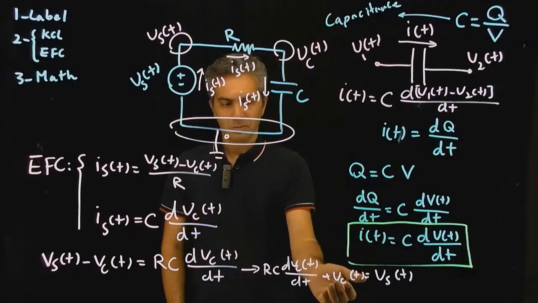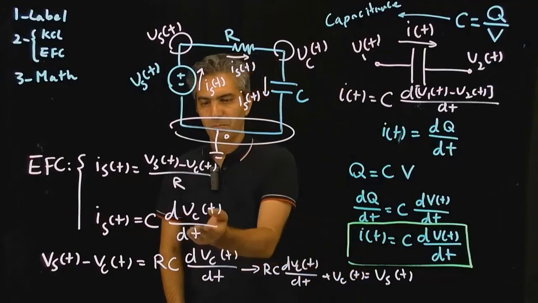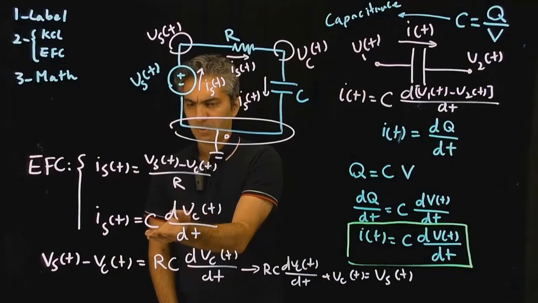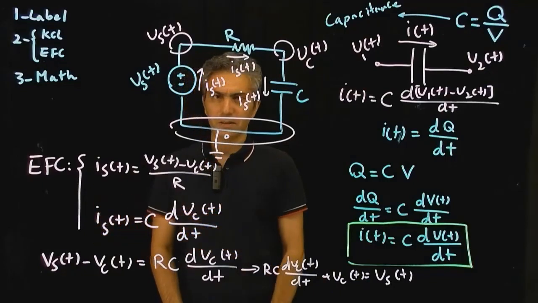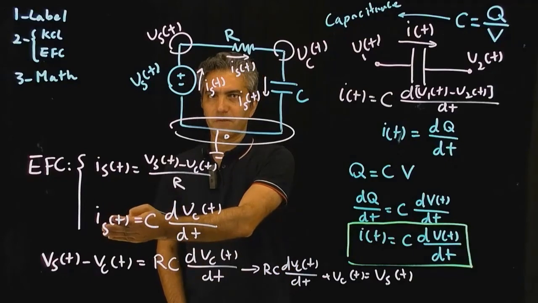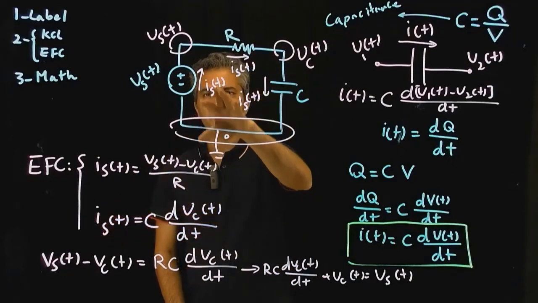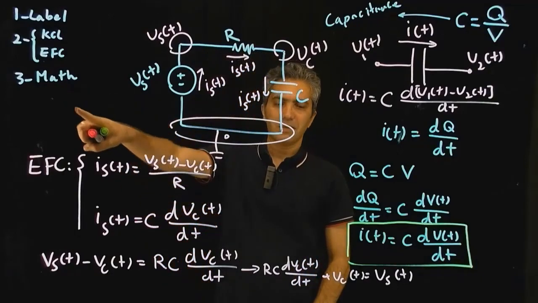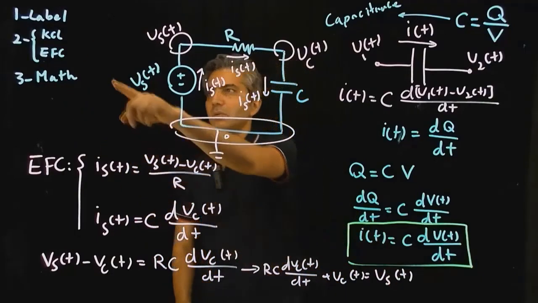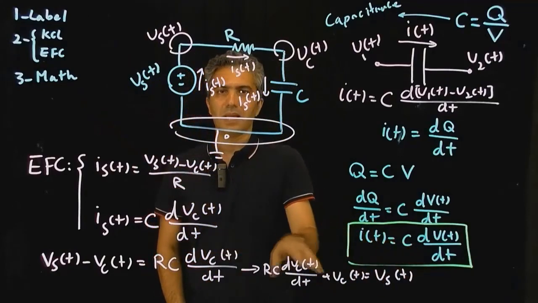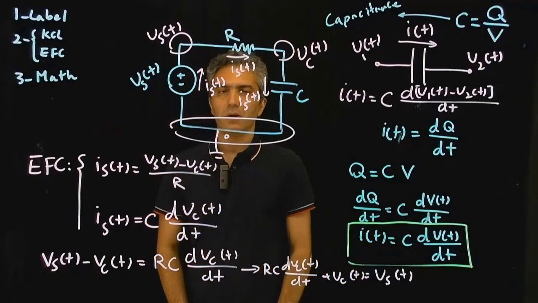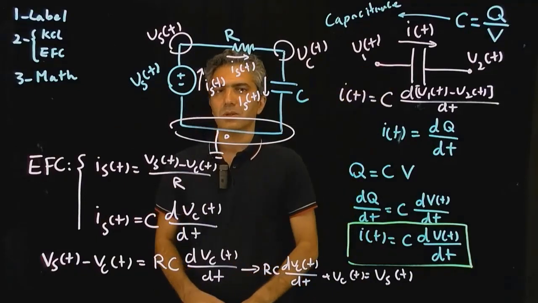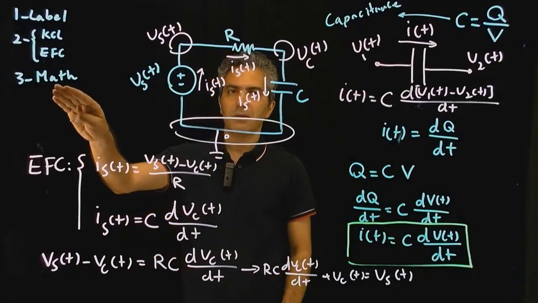As soon as you calculate VCT, you can put it back into this equation, take the derivative with respect to time, multiply by C, and that gives you the current, again a function of time, at which point you have all the voltages and currents in the circuit. So the algorithm stays the same. It gives you the technique or methodology you need to follow in order to calculate all the voltages and currents in a circuit once it includes the capacitor, but the math is going to be different.